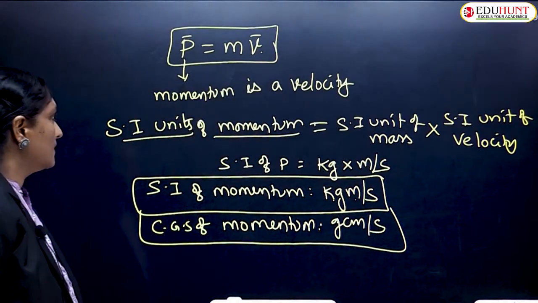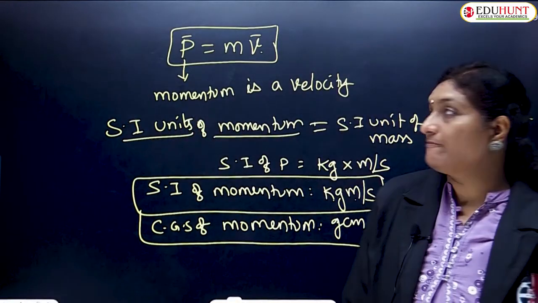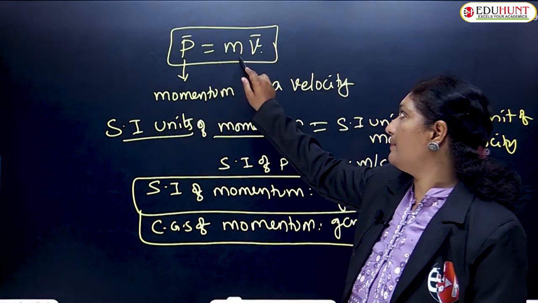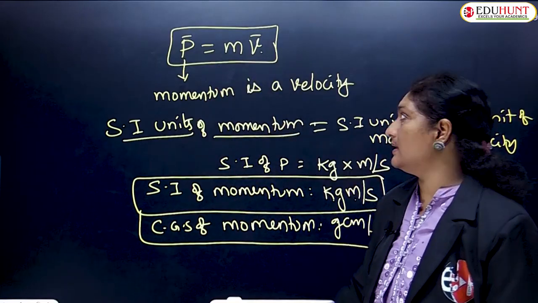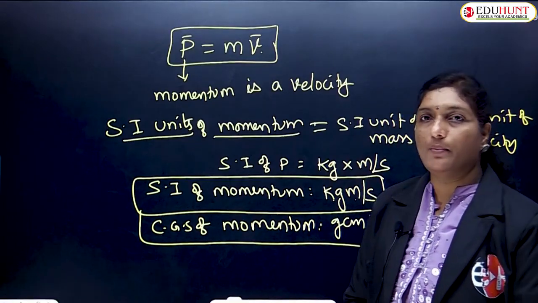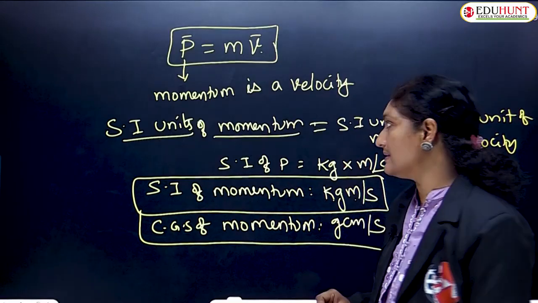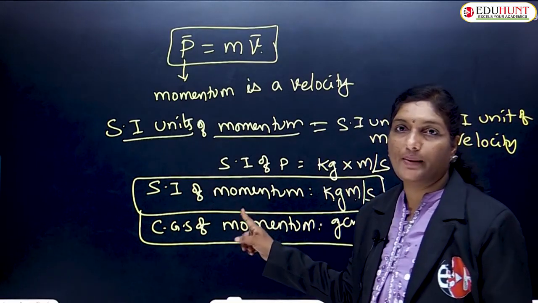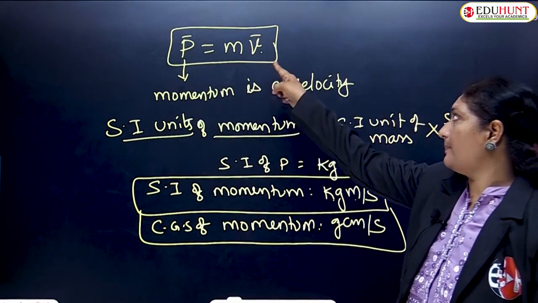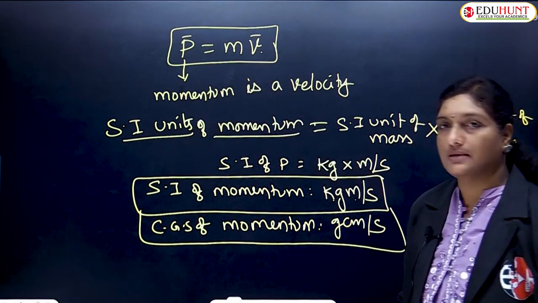Okay, children? So the mathematical form of momentum is p equals mv, where p is momentum, m is mass, and v is velocity. Velocity is a vector quantity and momentum is also a vector quantity, meaning it has both magnitude and direction. SI unit of momentum is kg meter per second and CGS unit is gram centimeter per second.